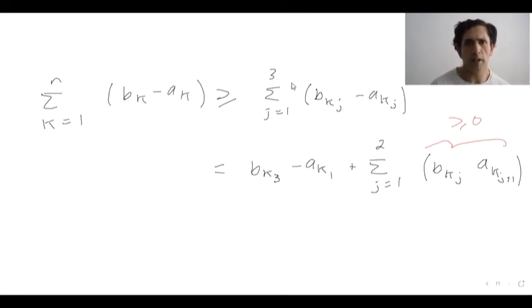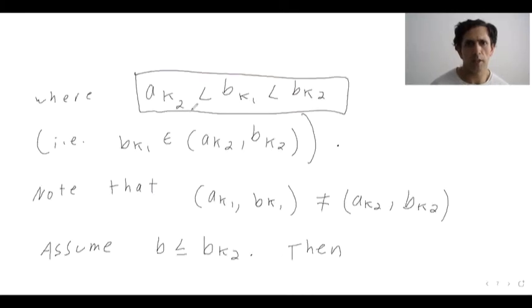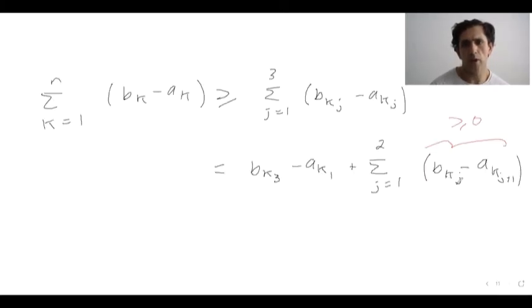And we already did j equals 1, but I'll just remind you that bk1 is bigger than ak2 by step 2. So this is true for j equals 1. So for each j, this is bigger or equal to 0.